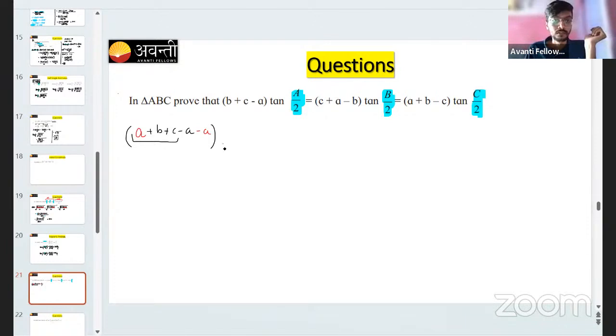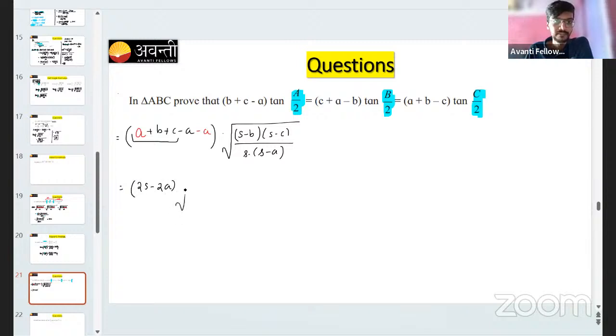Sorry, 2S. So tan A by 2 is under root of S minus B into S minus C upon S into S minus A. I can write this now as 2S, right? This is an important step. So 2S minus 2A.